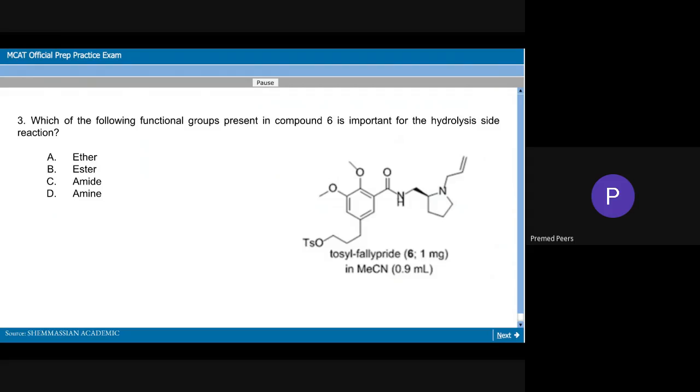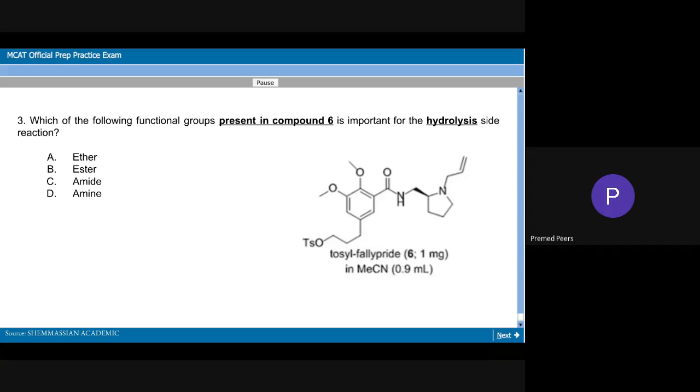In that passage, it asks what functional group in that compound could be important for the hydrolysis site reaction. So what I did first, I looked for the keywords. For one, it's asking within compound 6.